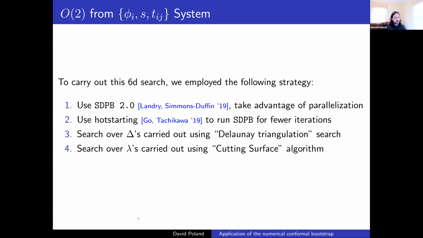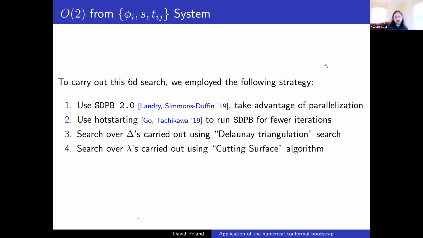We're running this on high-performance computing clusters and trying to take full advantage of parallelization. At the end of the day, this computation of the best O2 island at lambda equals 43, using this system of 22 crossing relations, ended up using something like 1 million core hours. We ran it on the Expanse Comet computing cluster. So we really pushed it as far as we could.